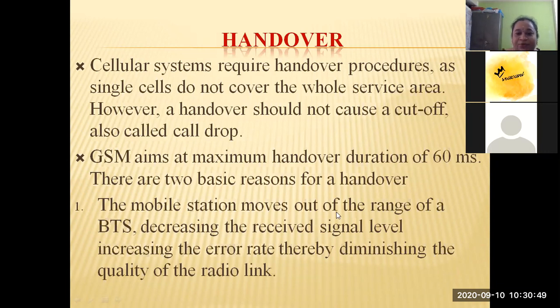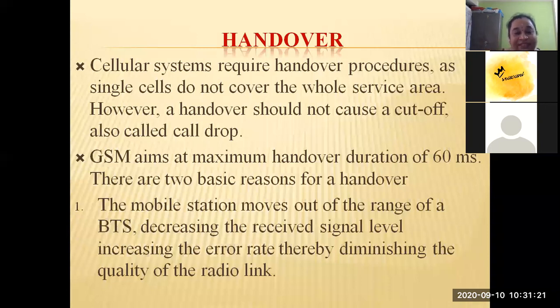The mobile station moves out of the range of a BTS. If the mobile station is not under the range of the base transceiver system, why does that matter? Because whenever we send a signal outside the mobile, the mobile has to transfer it through the base transceiver system first. So if the base transceiver system is going to convey your signal from our BSS to the mobile switching center, we have to remain within the range of the BTS.